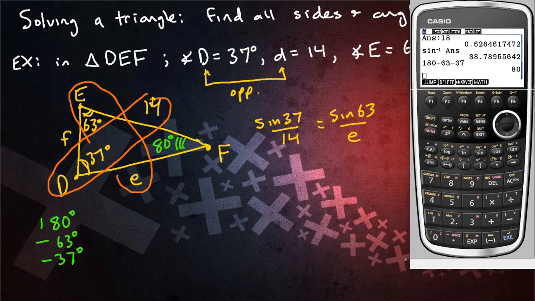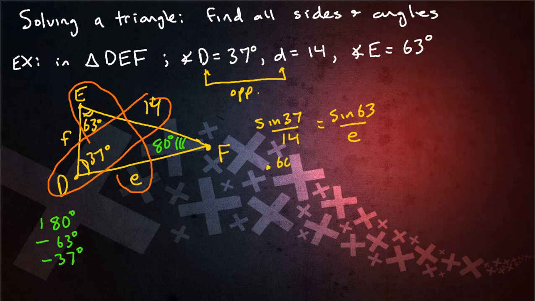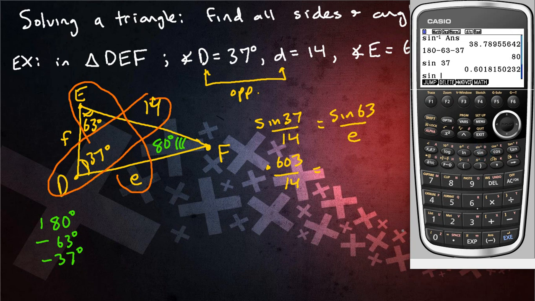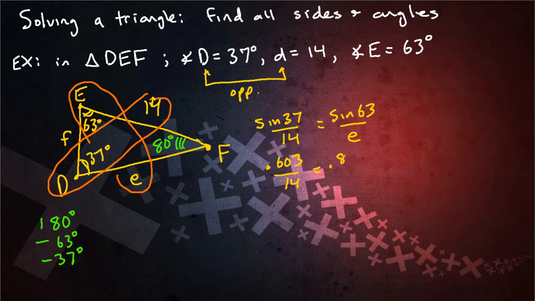I'll go ahead and put sine 37 into my calculator. I get 0.602. Now, you'll notice as I'm doing this, I'm actually using the answer function of my calculator to make things go a little bit faster. So sine 63, I get 0.891, all over little e. Now I'm going to cross multiply. So I have 0.603e equals, now I'll multiply by 14.